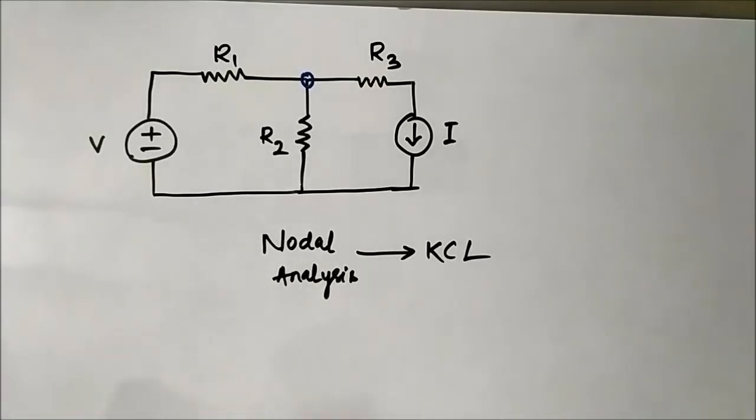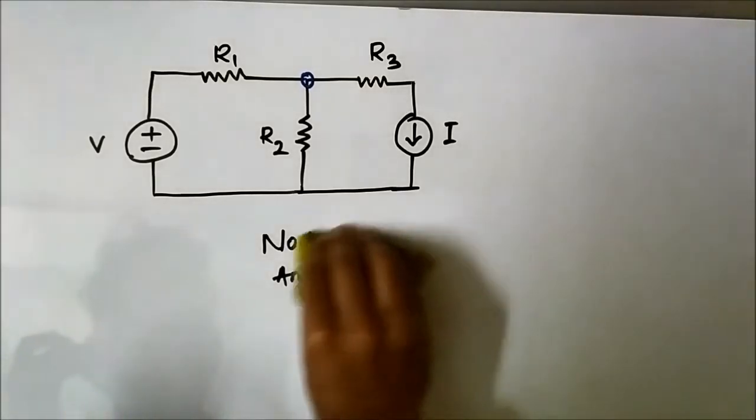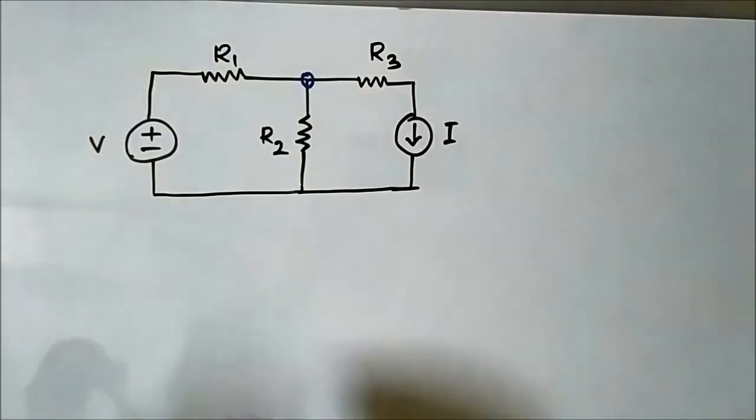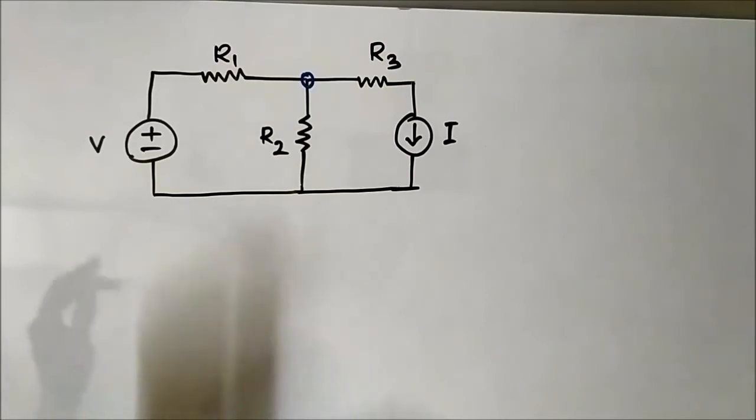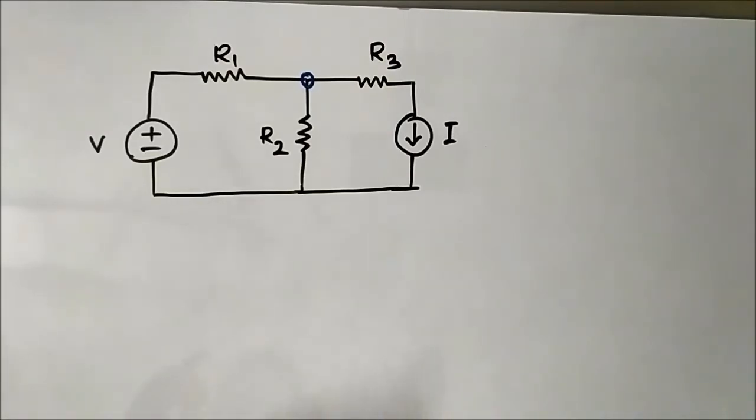Now, in order to apply Kirchhoff's current law, first we have to assign branch currents. We can do that arbitrarily, we can give them any direction as per our choice, but the restriction is that we have to stick with that direction while applying the nodal equation. You will see what I am trying to say.